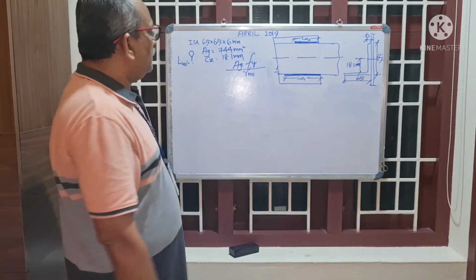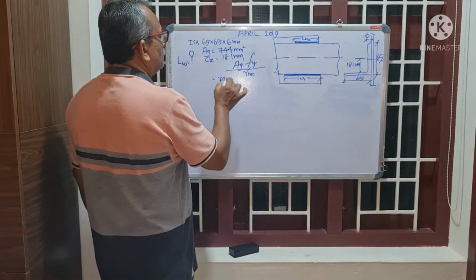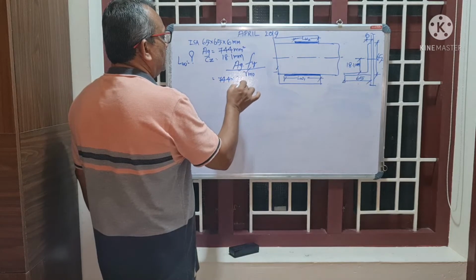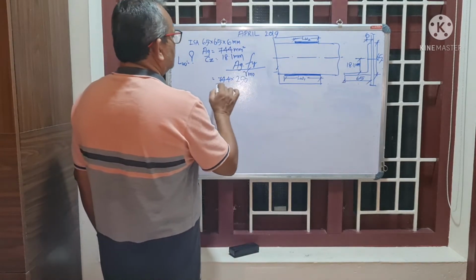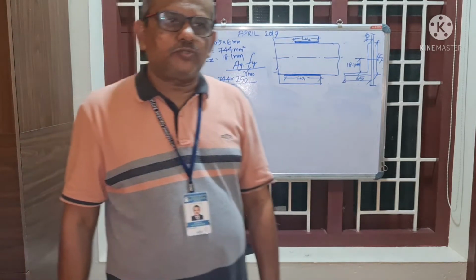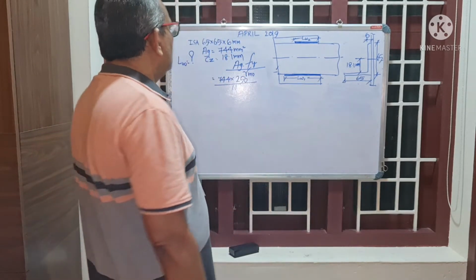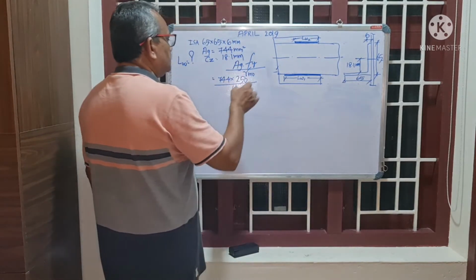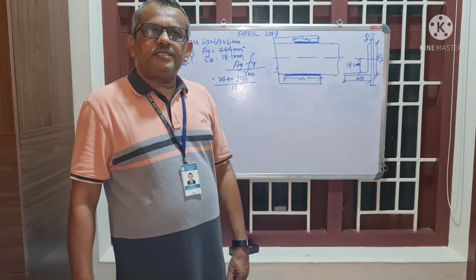Ag into fy divided by gamma m0 equals 744 into fy, the yield stress, 250 Newton per mm squared, divided by gamma m0, 1.1 from the IS code 800:2007. Isn't it? Now this is the strength of the plate. Now what is the strength of the weld?